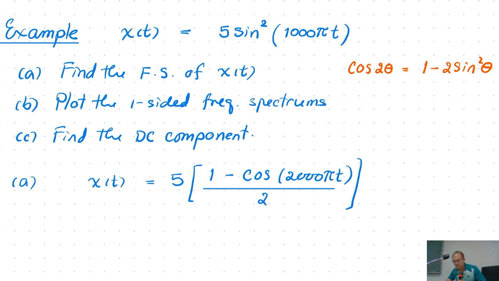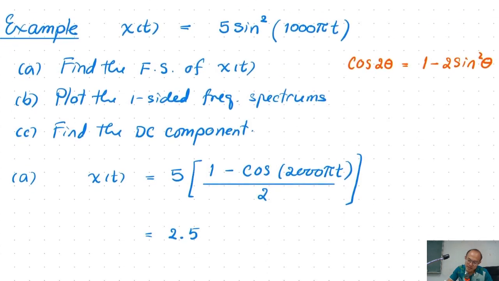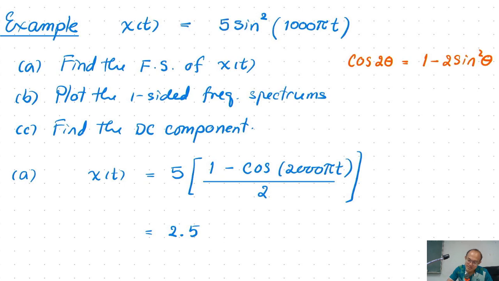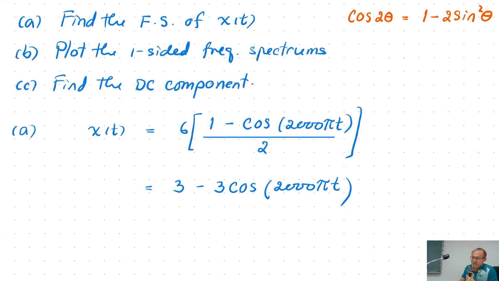Well, tell you what, let's change this to 6 to make the numbers easier. Sorry about that. So when we have 6, we have 3 here, and we have minus 3 cosine of 2000 pi t here. So do you see something now?